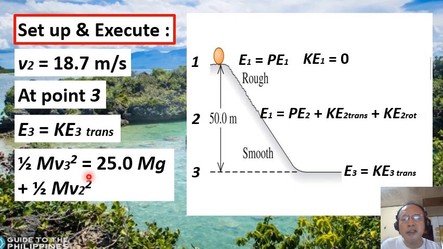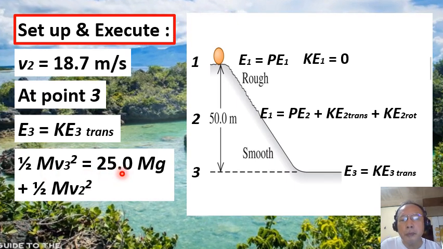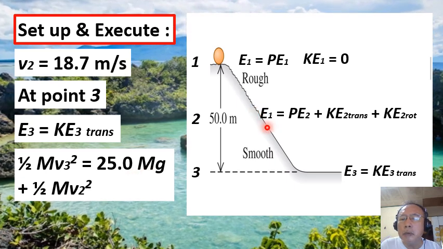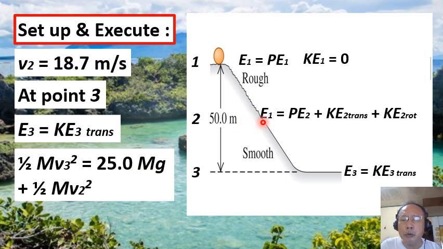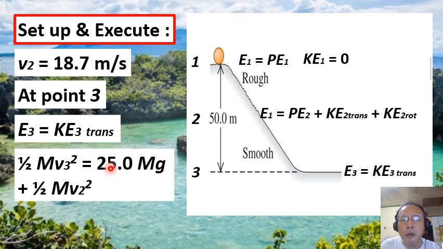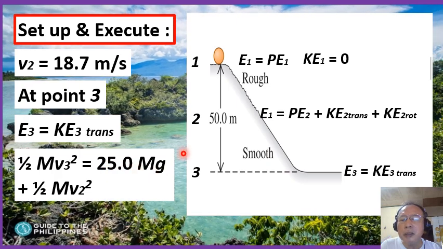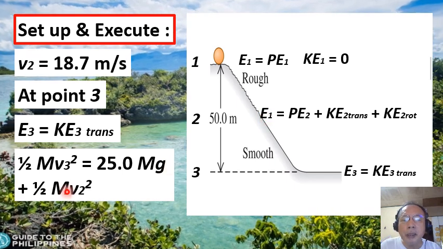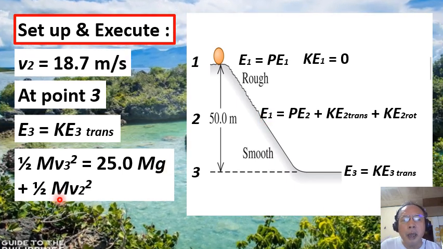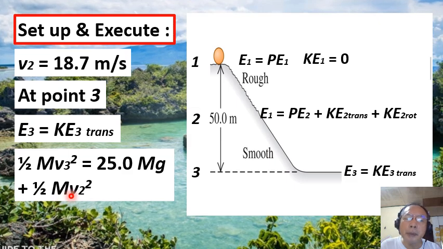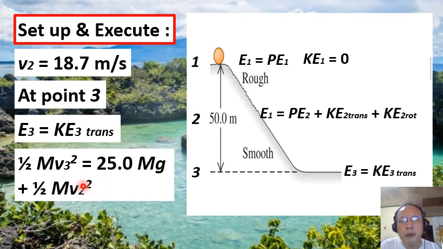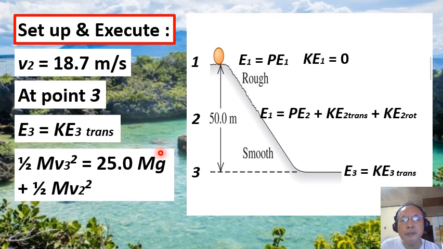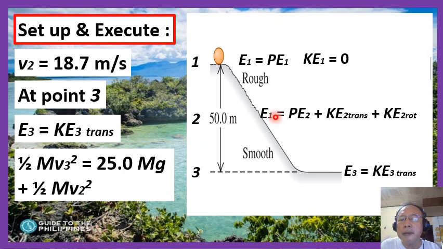That's just equal to the mechanical energy of the boulder when it is exactly at level 2. That is 25.0 capital Mg, the potential energy of the boulder at level 2, and 1 half times capital M v sub 2 squared. This is the translational kinetic energy of the boulder at level 2.